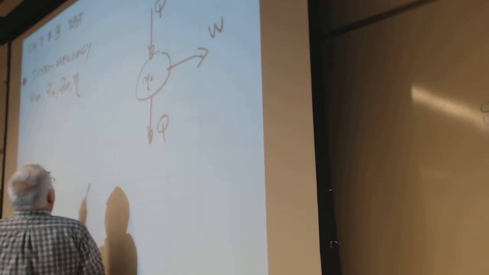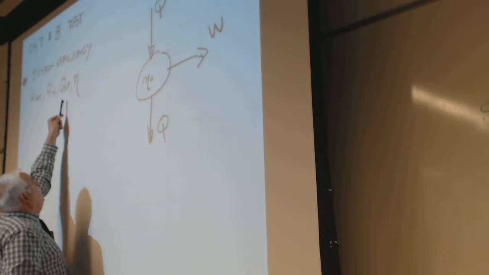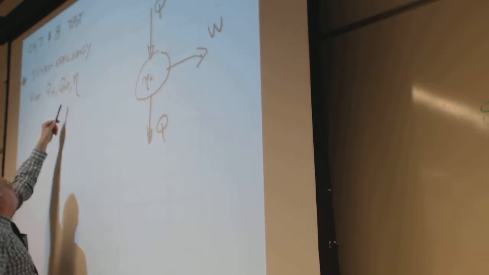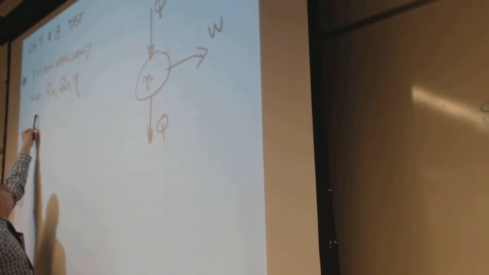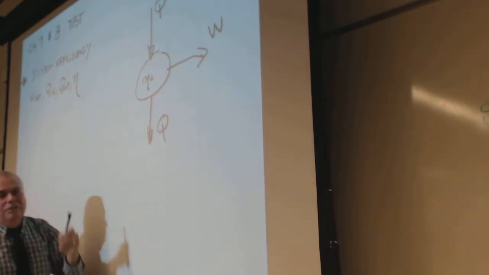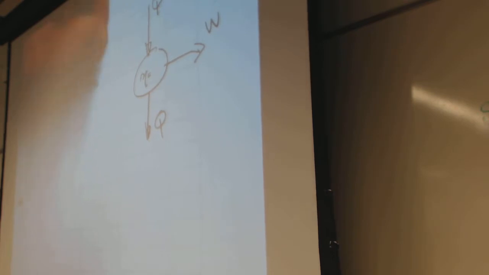Because if I give you efficiency and what came out, that's actually one of the harder ones. Let's do something else. If I give you efficiency and the net work, well, what is efficiency defined as? Yeah, for a heat engine, Q in is what you paid for.